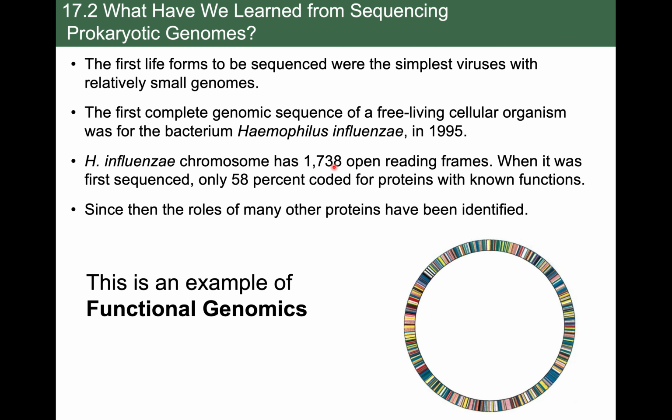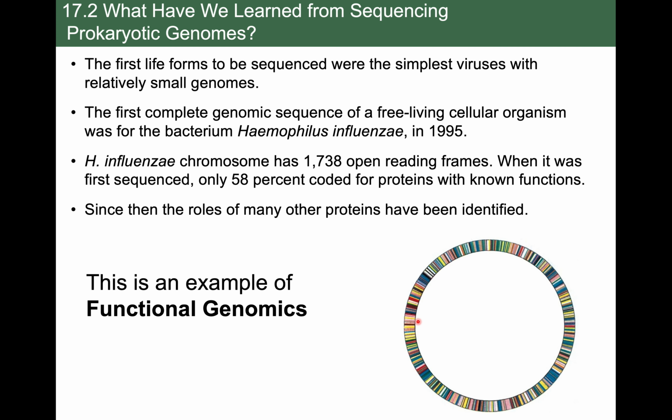And what was really amazing was, even though we had been aware of this bacteria for a long time, people had been studying it for a long time because, of course, it causes human disease and there was a lot of interest in it. We found once we sequenced its genome that we only knew what, a little over half of these genes did, what proteins they produced, and what the functions of those proteins might be.